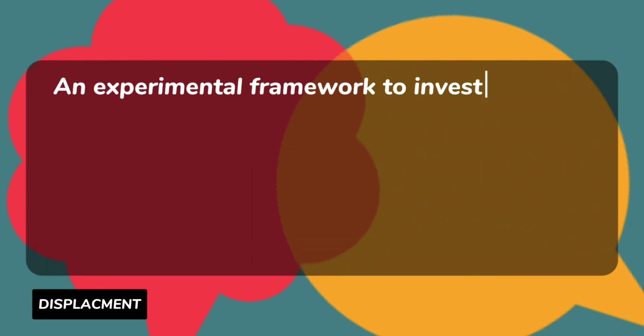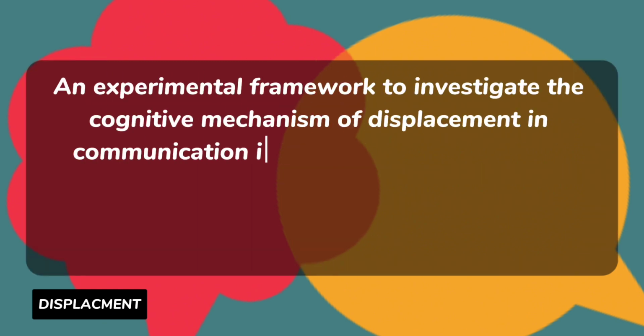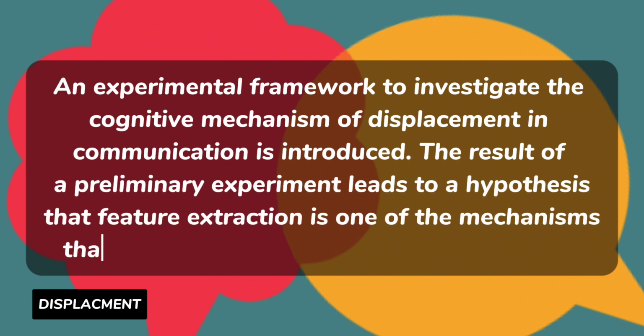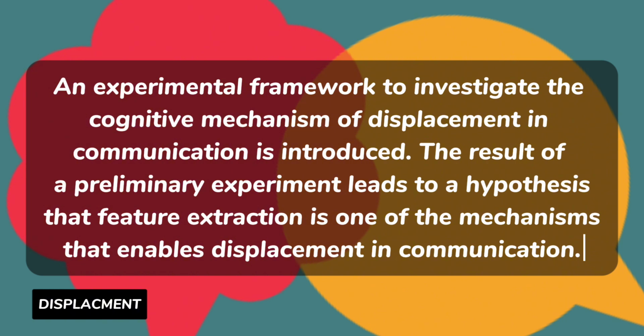An experimental framework to investigate the cognitive mechanism of displacement in communication is introduced. The result of a preliminary experiment leads to a hypothesis that feature extraction is one of the mechanisms that enable displacement in communication.